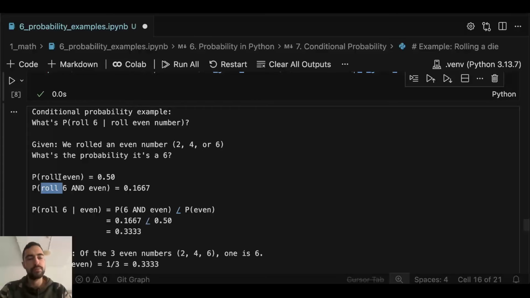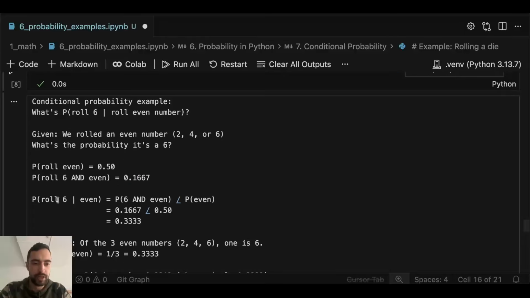First of all, the probability to roll an even number is 0.5 because we have 3 odd and 3 even numbers on a dice. And the probability of rolling 6 and even? So you need to think a little bit. If you roll 6, it will also be even. So here we're just going to use the probability of rolling 6, because if we roll 6, it will also be even. So that's the probability.